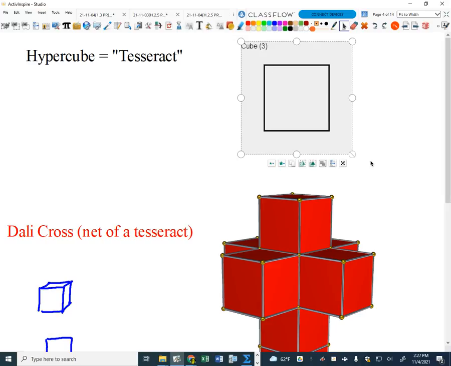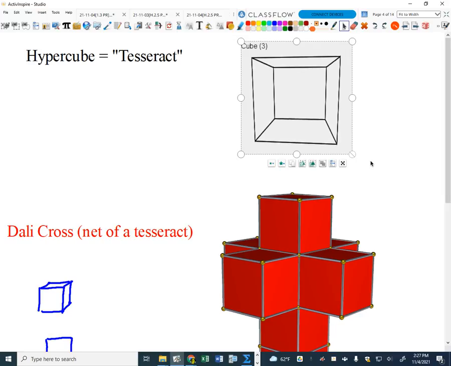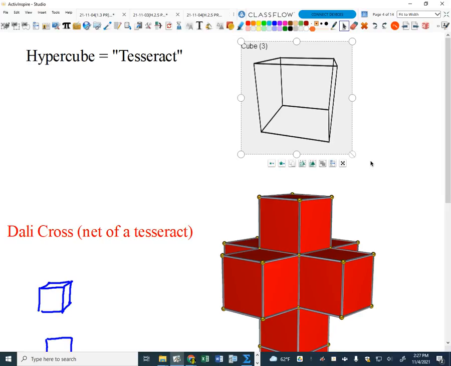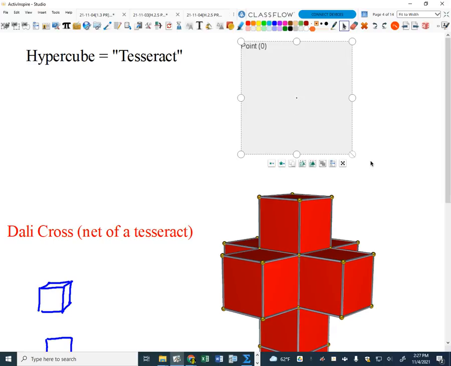In 1D that would just be a 1 unit line segment, so the length would be 1. If we move to area, 2-dimensional, then we get 1 times 1, so a square with an area of 1 square unit. We move to volume, cubic space, where we've got 1 by 1 by 1, which is 1 cubic unit.